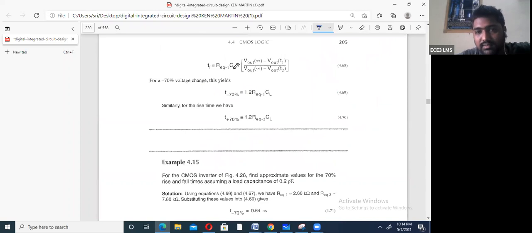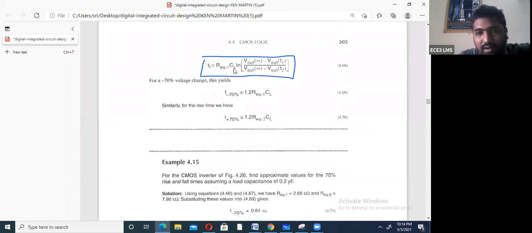And this is the generalized equation for fall time or rise time. For rise time also you can write this equation; for fall time here it is n, for rise time it is p, that is the difference. And V out of infinity in fall time is 0 or VOL.